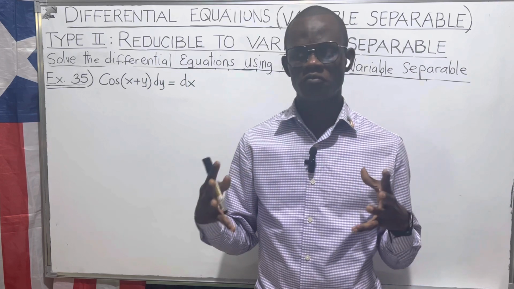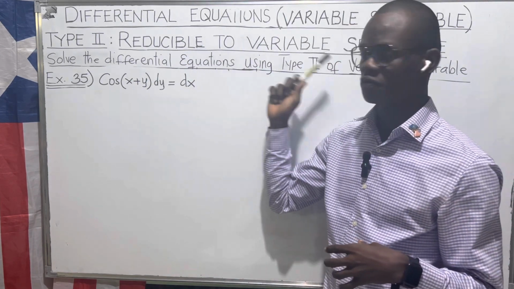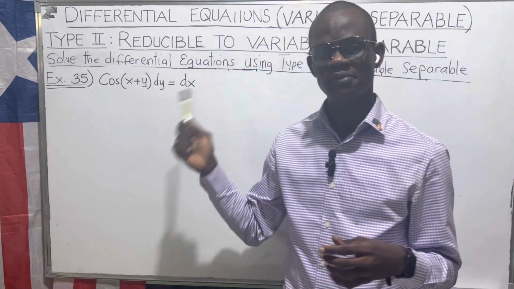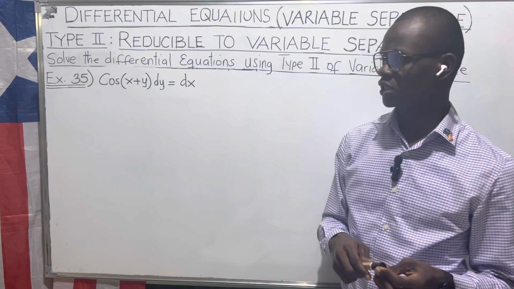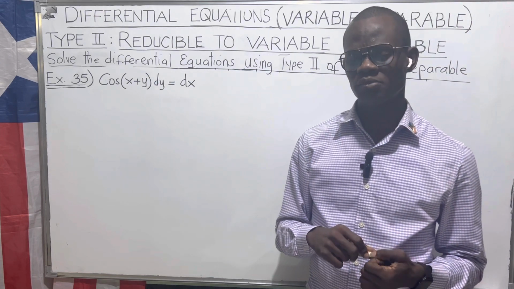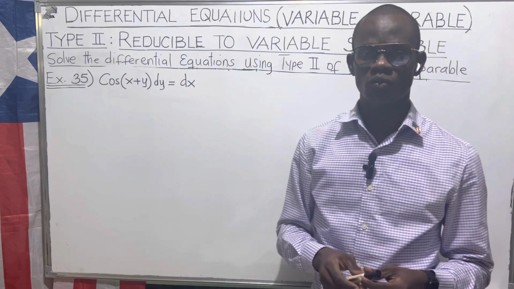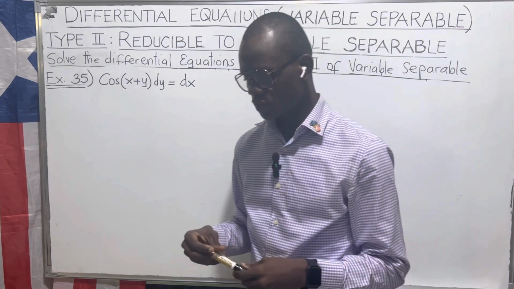Those types of problems are what we refer to as reducible to variable separable. So that is type 2 of the variable separable method. We want to look at additional problems. In the previous lesson, we did a lot of problems, so you can watch those lessons as well if you need to. So let's look at this problem.